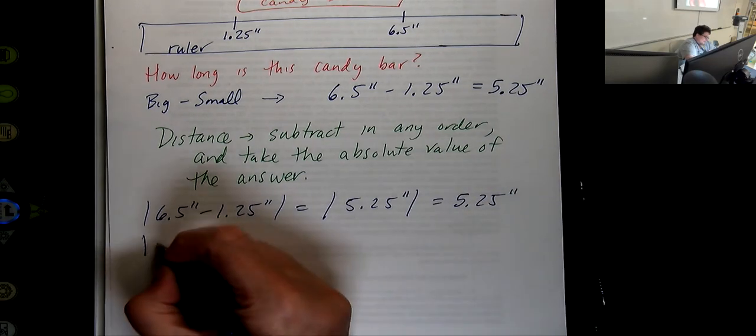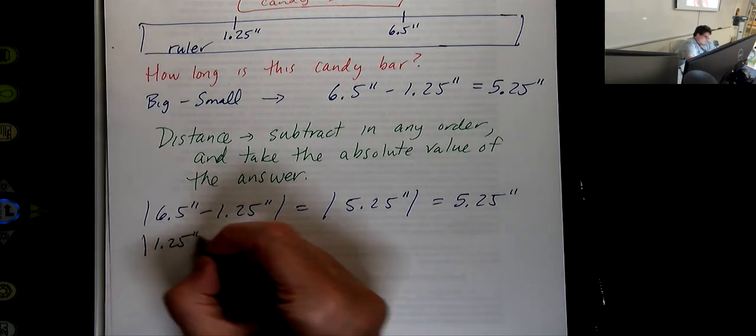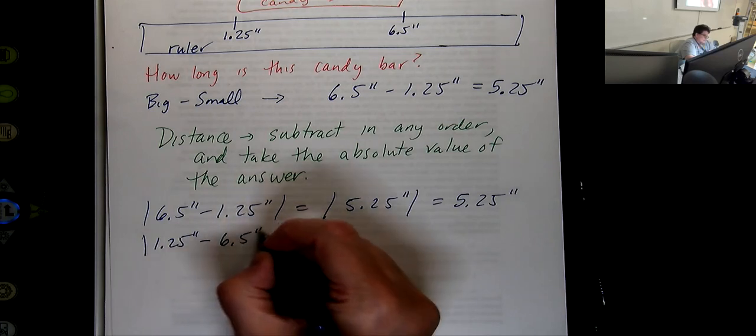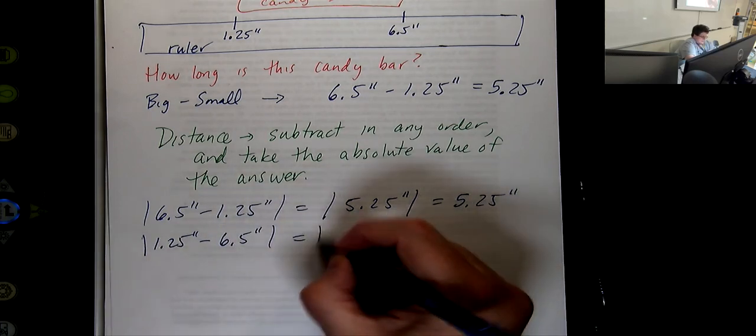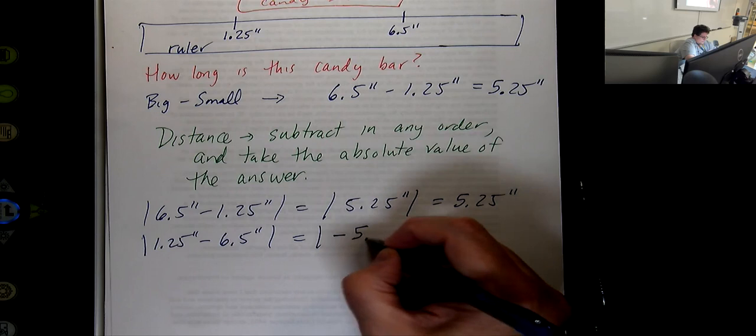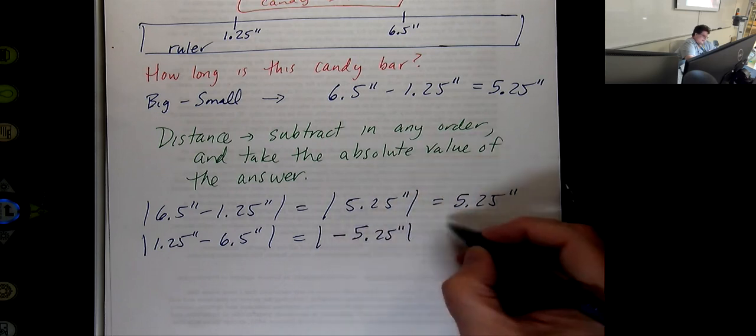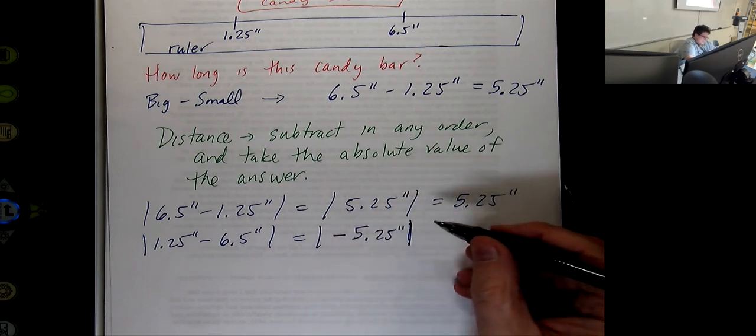I can do it in the other order though. I can subtract the 6.5 from the 1.25, and this is going to give me negative 5.25 inches. And the absolute value sign just makes it positive.